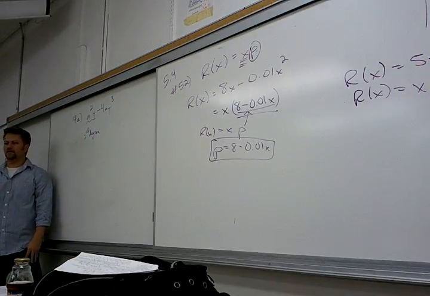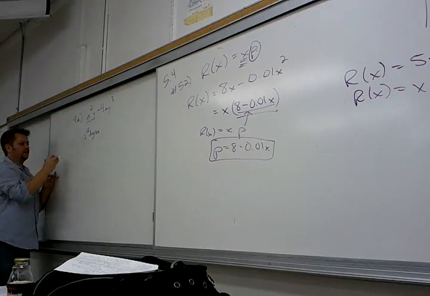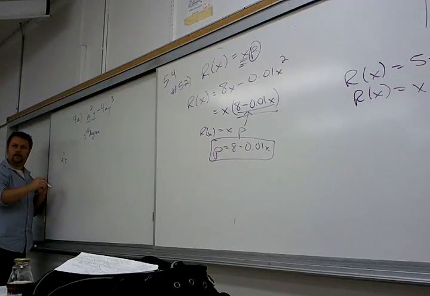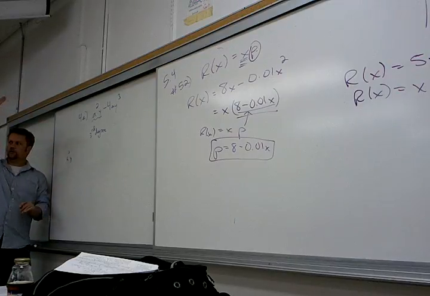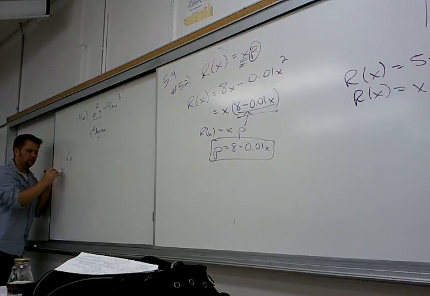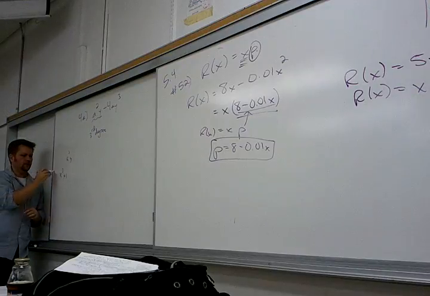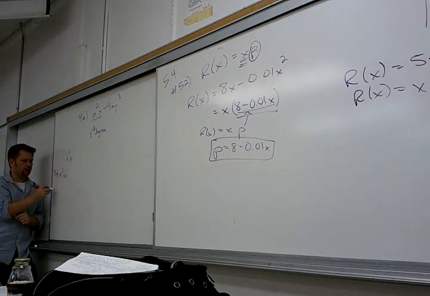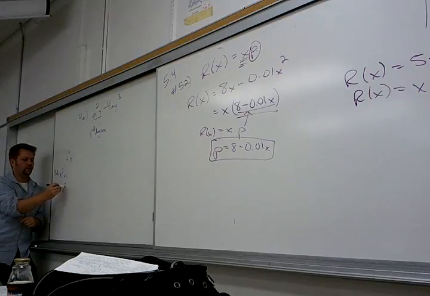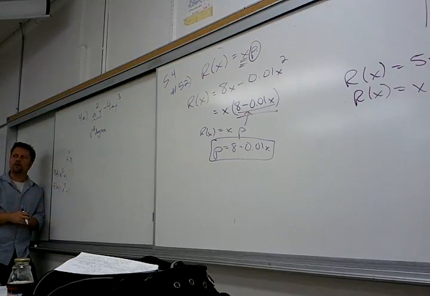Now, not to confuse the issue, but the whole idea of degree is how quickly this is going to grow. If I had an x cubed plus 1 function, and this function, x to the 5th plus 1, which one's going to grow faster?